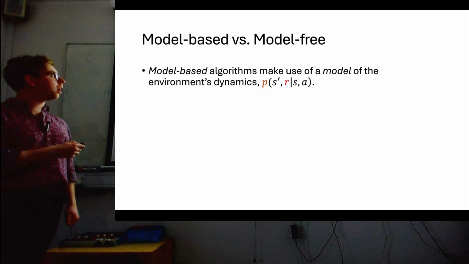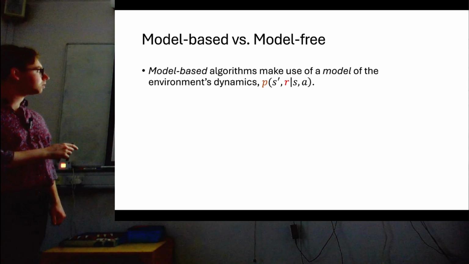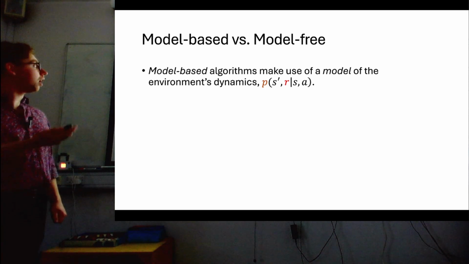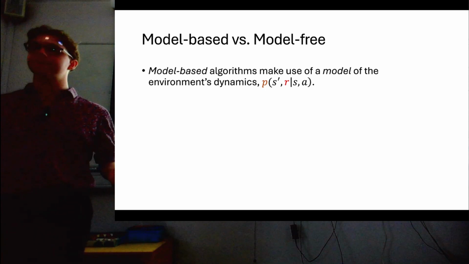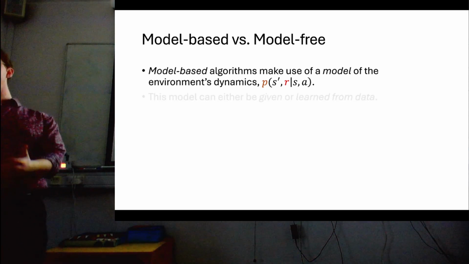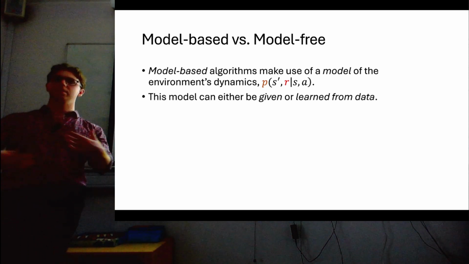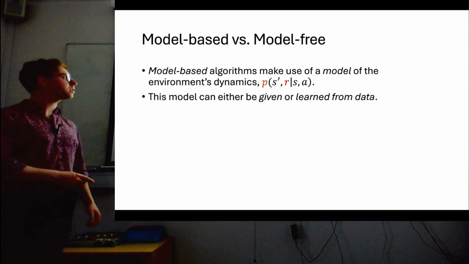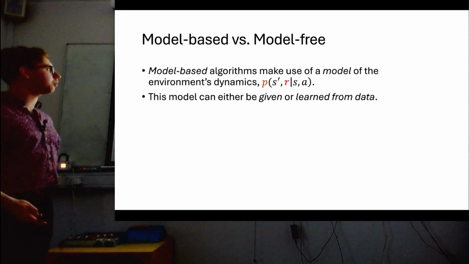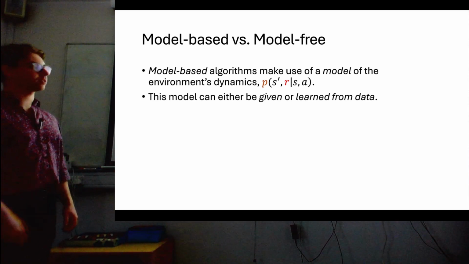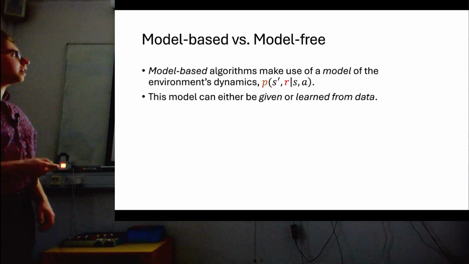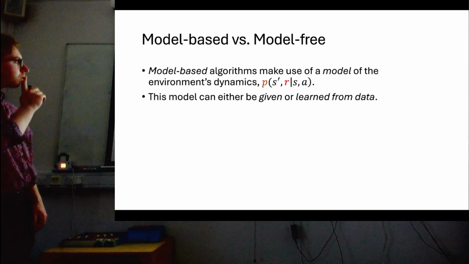Sometimes there are also model-based algorithms where you just give them the environment dynamics and say, do what you can using these. But typically we're trying to learn a model from data. So we're trying to learn this function here in a model-based algorithm.